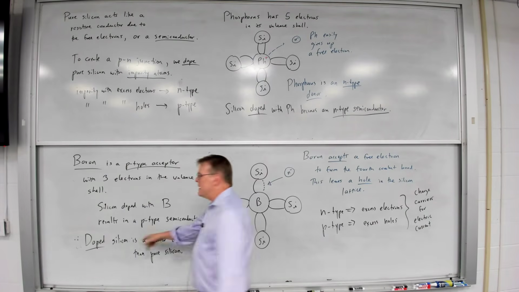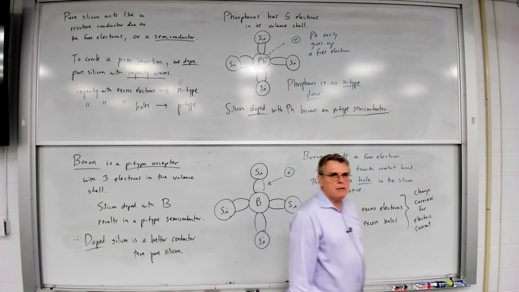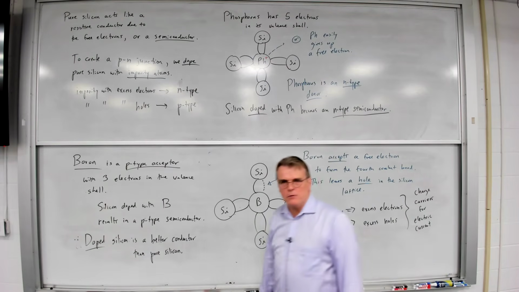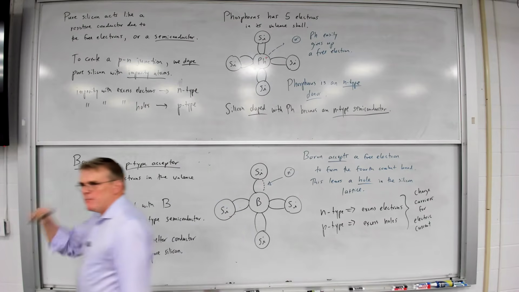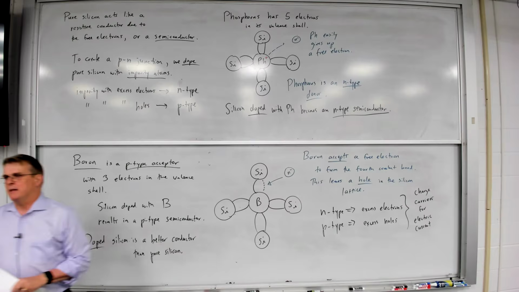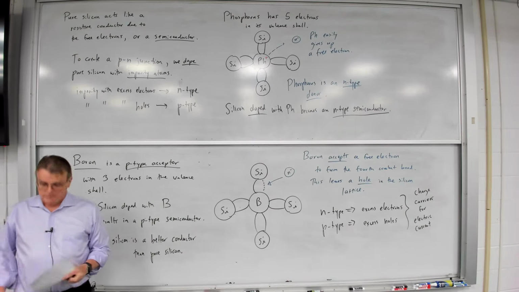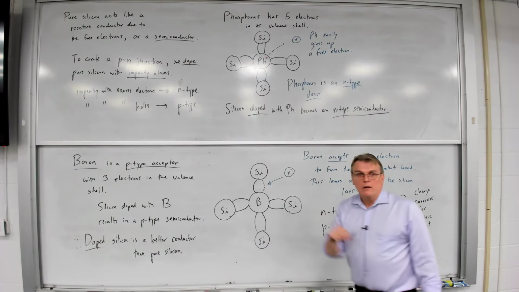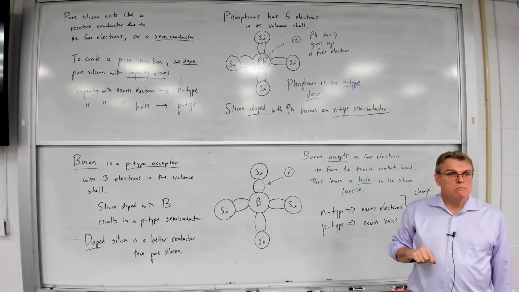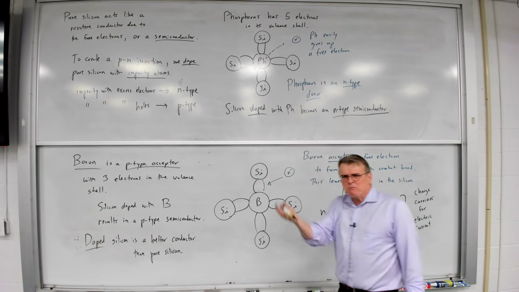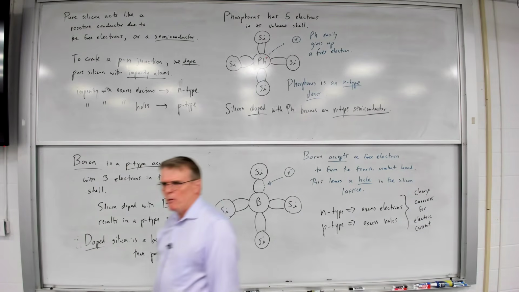In fact, a great deal of the effort that goes into semiconductor manufacturing is to precisely control those impurity levels, to get just the right amount of doping to make sure that you get the kind of properties you want out of the silicon. Okay? Questions about this? Hopefully pretty basic. And like I said, this is based on chemistry stuff you guys have seen before.